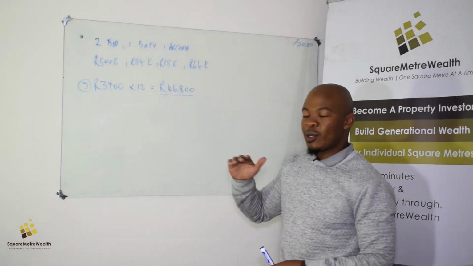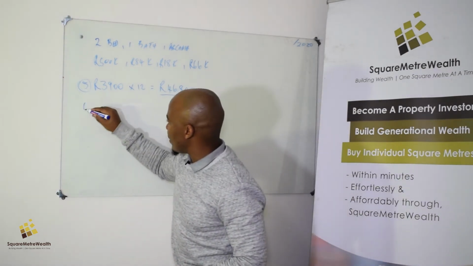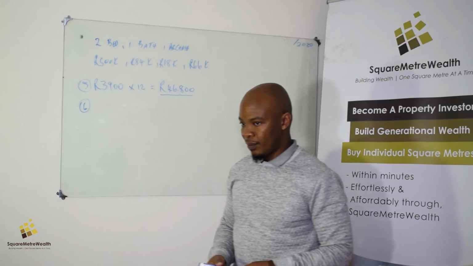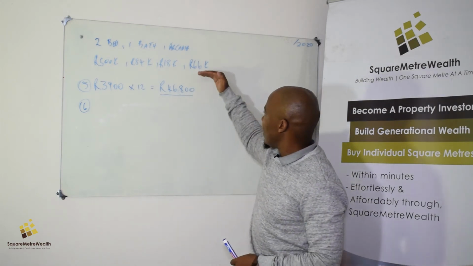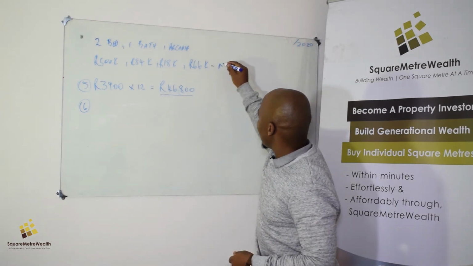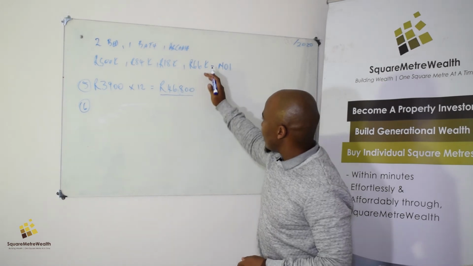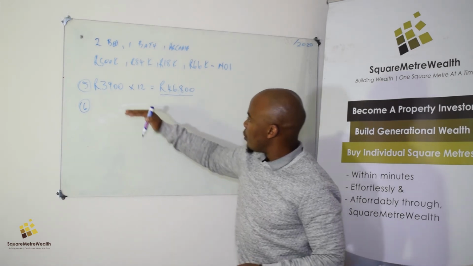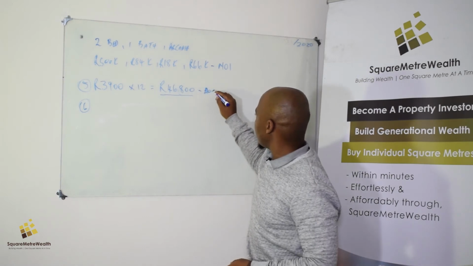Then lastly, what you need to calculate is your cash flow, which is at number 6. So what you would need to do is to take this figure here that we have, which is the net operating income, and then minus your annual bond repayments.